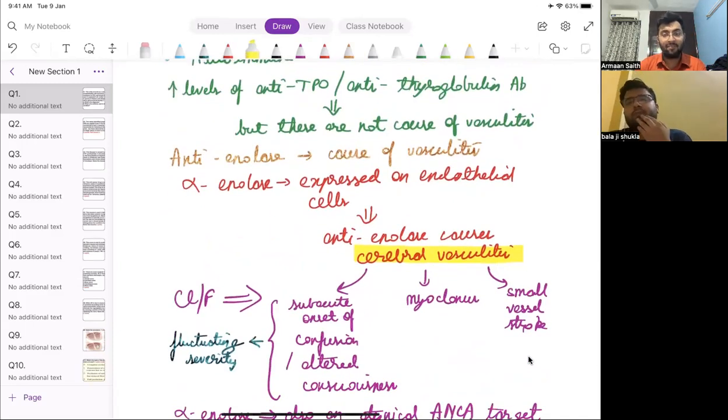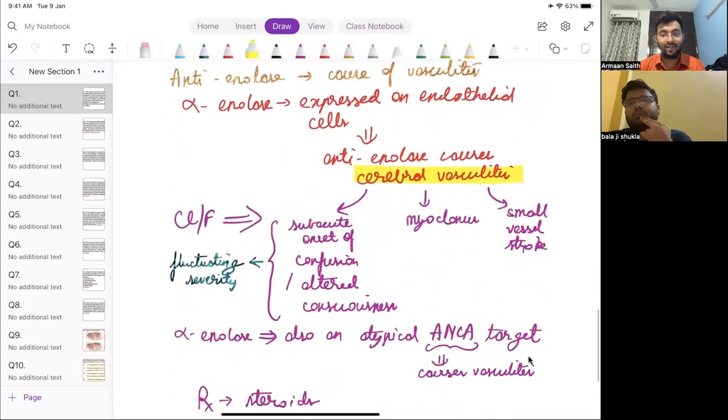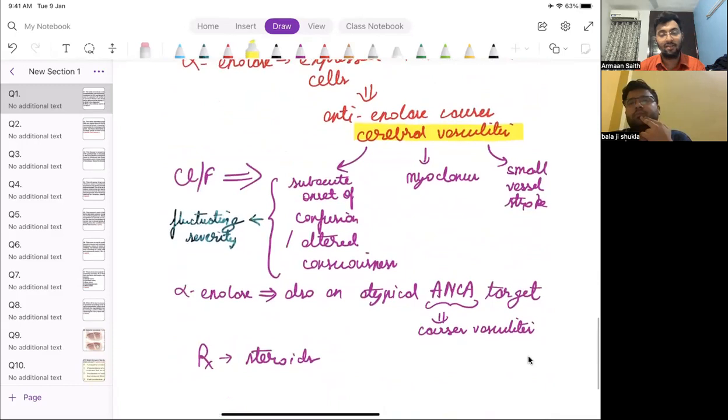Alpha-enolase is an antigen expressed on endothelial cells, and anti-enolase therefore causes cerebral vasculitis, which then presents as subacute onset of confusion, altered consciousness, myoclonus, and it may even present as small vessel stroke. But the important point here is that it can present with a fluctuating severity, unlike CJD, which has a progressive course.